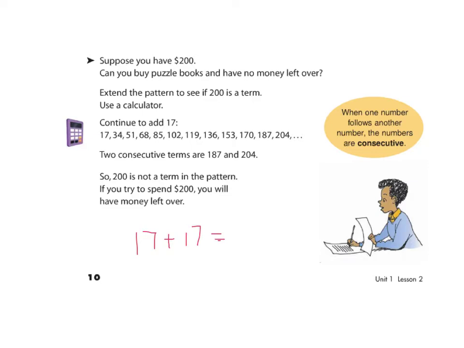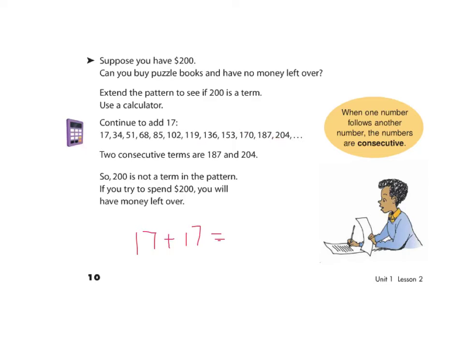All right, so if I punch in my 17 plus 17, I would get 34. Next I would get 51. Next I would get 68. Next I would get 85. Next I would get 102, then 119, and so on. And I would keep going until I get into my 200s.